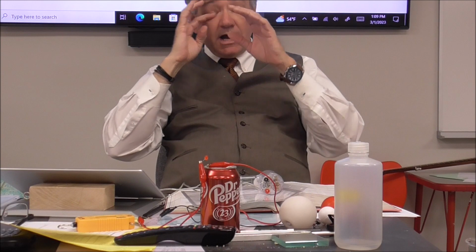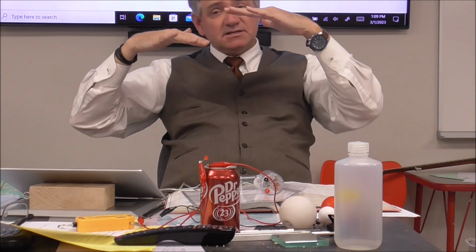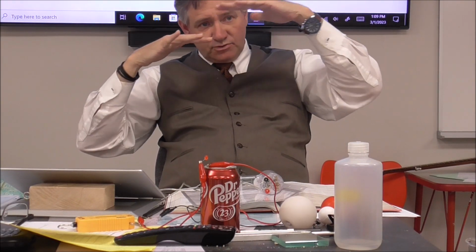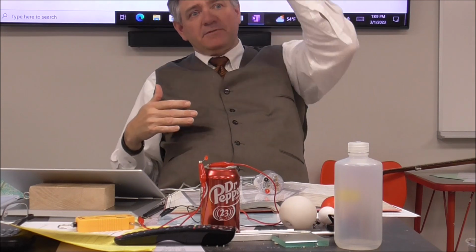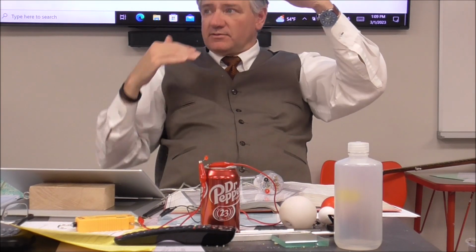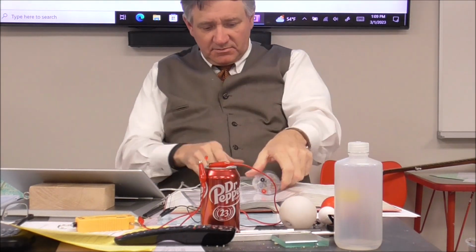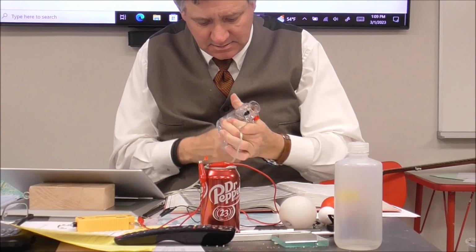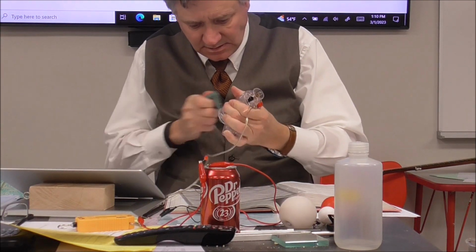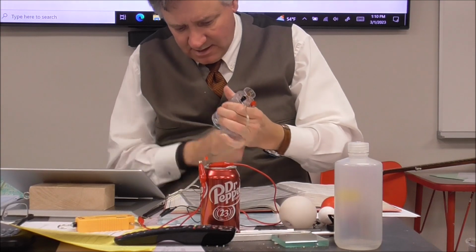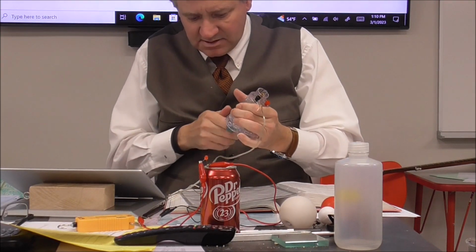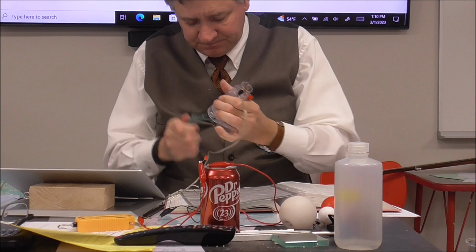To do that, I have to create an electric field. Right now this capacitor is neutral, so I'm going to induce an electric field. I'm going to make one side positively charged and the other side negatively charged. So I'm going to crank this up, and what I'm doing is creating an electric field.